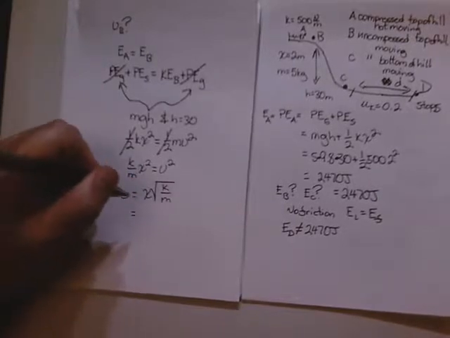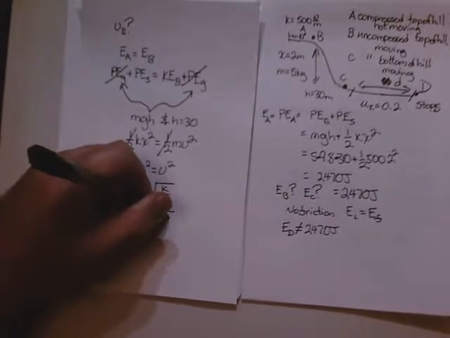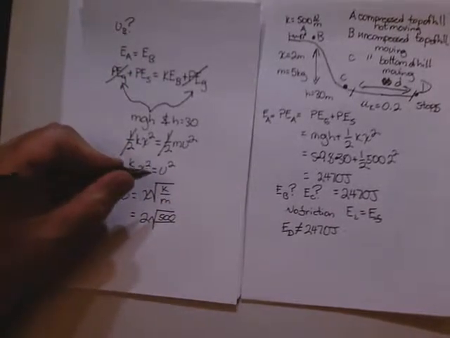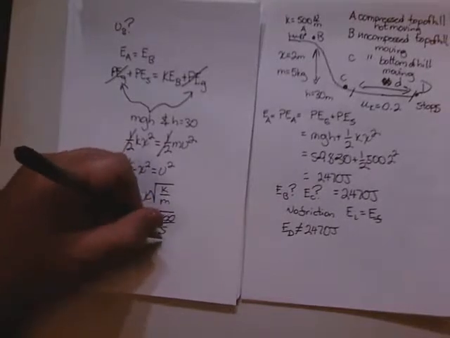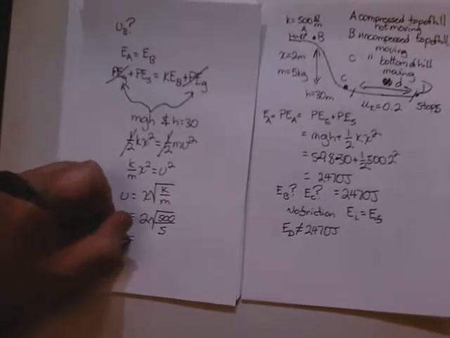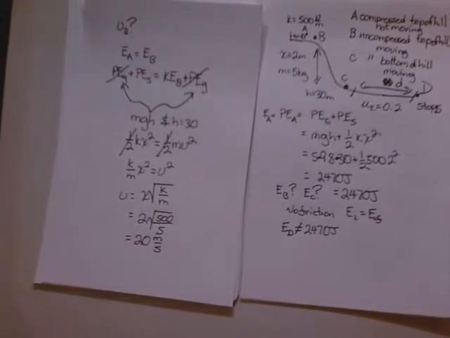So the velocity is 500. Ooh, I like this number. Divided by m, which is 5. That's 100. Square root of 100 is 10. So the velocity is 20 meters per second. Exact. Why is it not kx squared over m? It is, but I kept the x to the side.